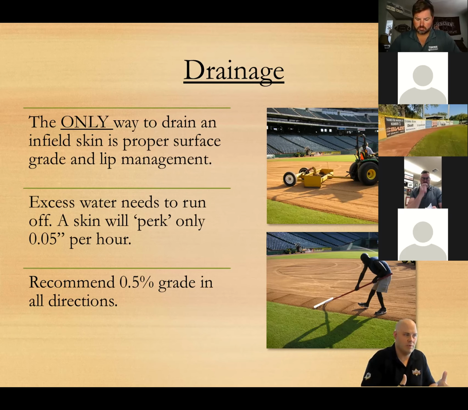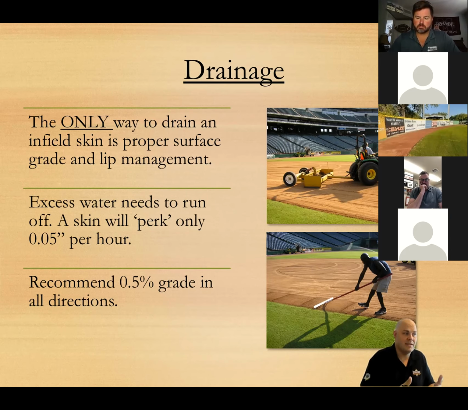A USGA root zone, which is used at the higher levels, will infiltrate at 15 to 17 inches an hour once sod is placed on top of them.